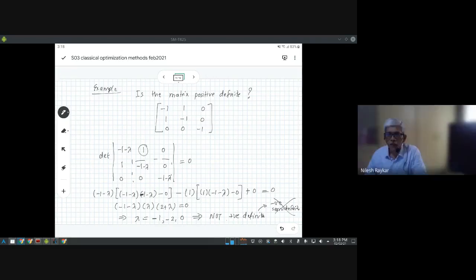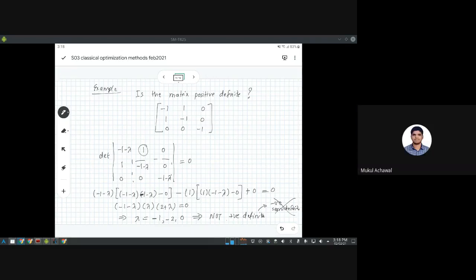Sir, for this particular determinant, we could have directly said that it won't be positive definite, because if we look at the A33 term, that is -1 minus lambda, we could take that factor common out from the determinant and say that 1 plus lambda into some value would have given 0. So one of the eigenvalues is negative, so the matrix is not positive definite.